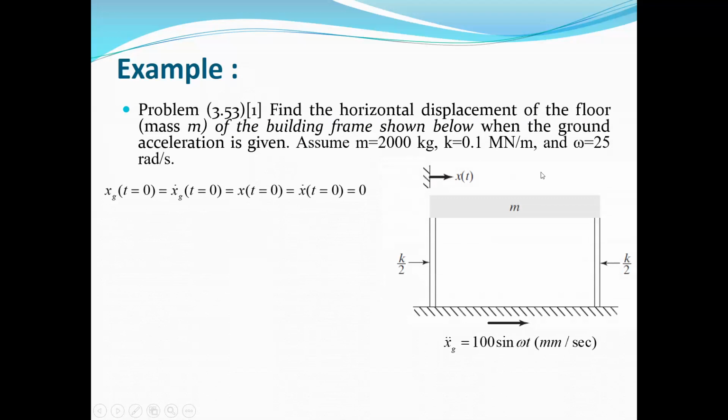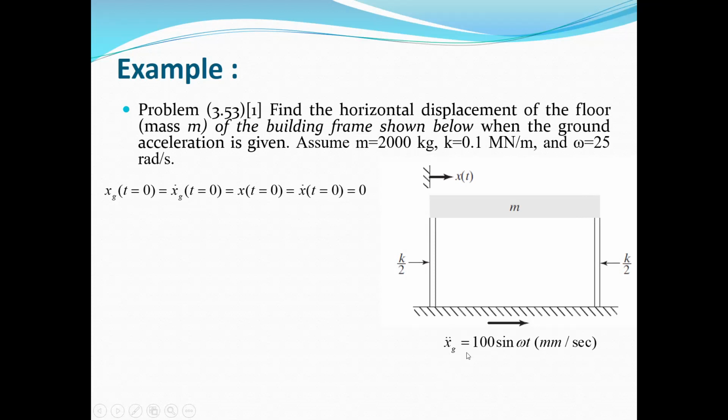We have a structure consisting of a mass and two bases with an equivalent stiffness K over 2, where K is about 0.1 meganewton per meter. The mass of the structure is 2000 kilogram, and this system is subjected to a base excitation.